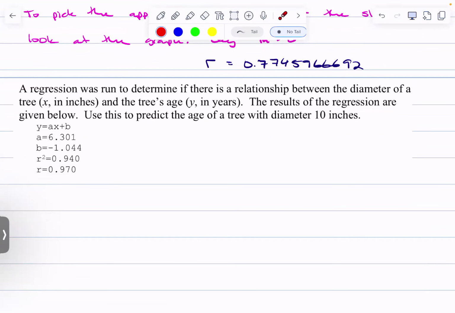Sometimes we get output like this. And if you're comfortable working with a graphing calculator, the output would look something like this. And so we don't have that, but I'm pretty sure there is a way to enter data into here and have it give you regression output. I just haven't explored it, but I'm pretty sure.